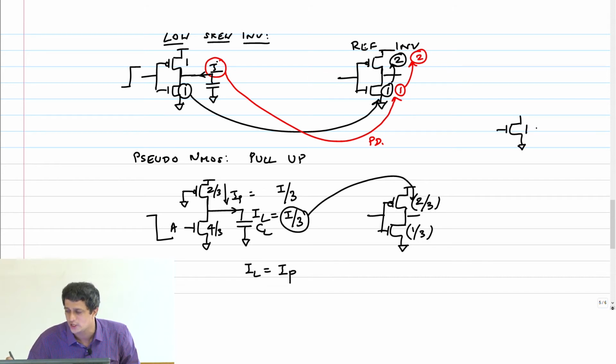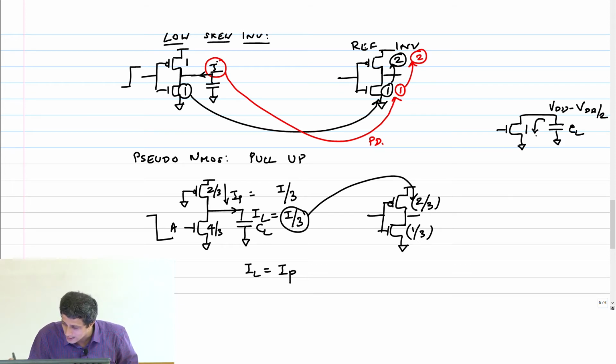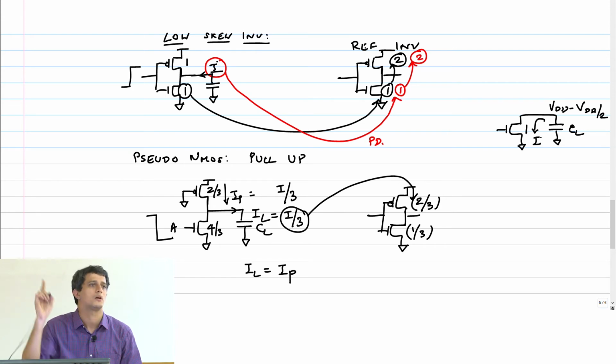It is basically a unit NMOS transistor discharging a capacitor CL from VDD to VDD by 2. That current is I. So for that, if I want the same current I in the PMOS, I have to make it twice the width. Clear?